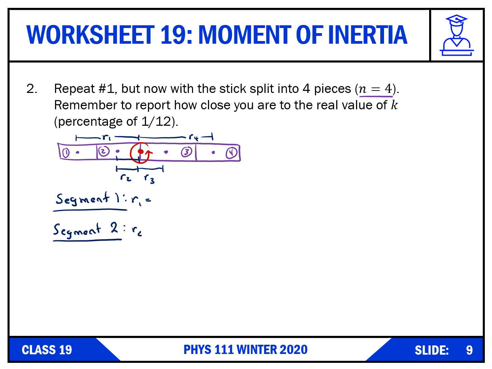You should probably keep track of these. R2 is L over 8, which means here's another L over 8 to make L over 4, and then I have 3L over 8 for R1.